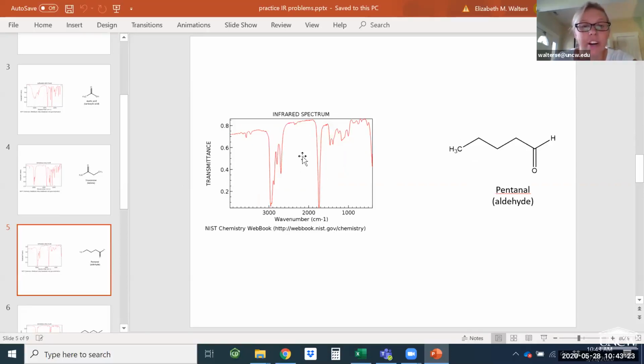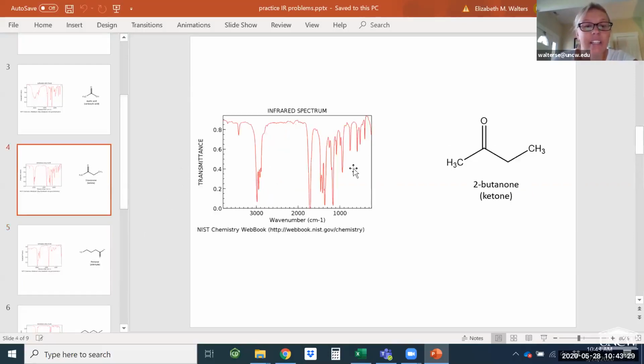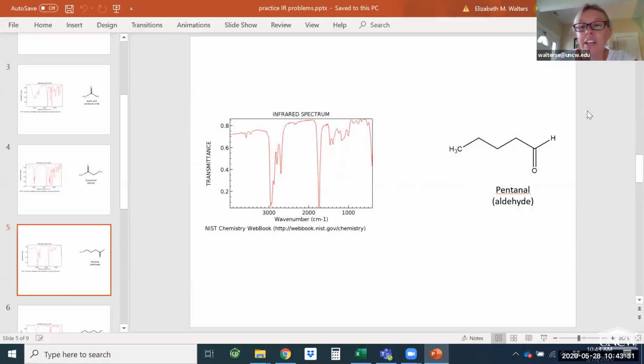If you look right here, there are differences in the ketone versus the aldehyde based on the presence of this hydrogen. But I'll ask Dr. Barrios Sosa. We typically don't ask students to distinguish aldehydes from ketones.